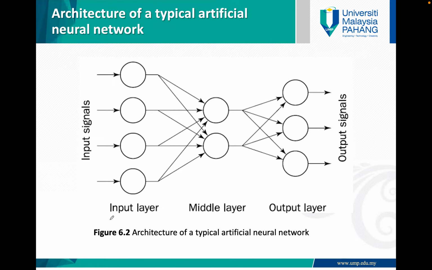We will have 3 layers: an input layer, a middle layer, and an output layer. All the input signals come to the input layer, and then we mix the input signals from the input layer at the middle layer, then we have the output layer, and finally we will have the output signals.